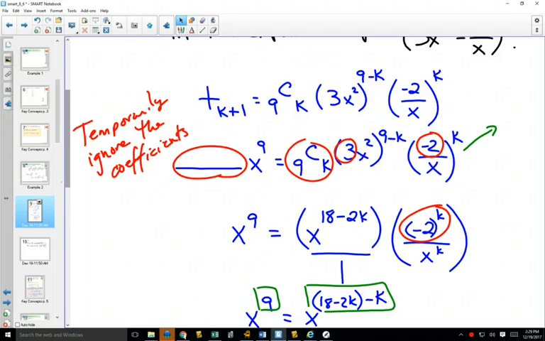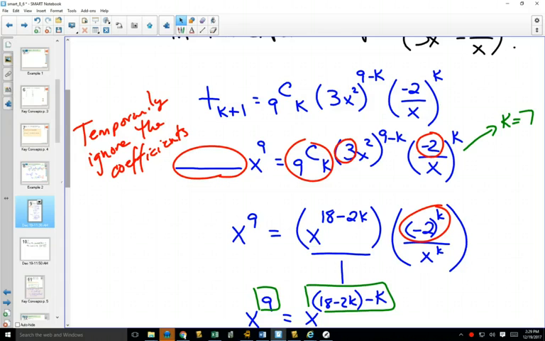So let's say you guess something wrong. You're saying, I want to find a k value that simplifies to give me an x to the 9. So I'm going to pick a random k value other than 3. Pick a number. 7. So if you chose 7, what would that mean here? This will be 9 minus 7.